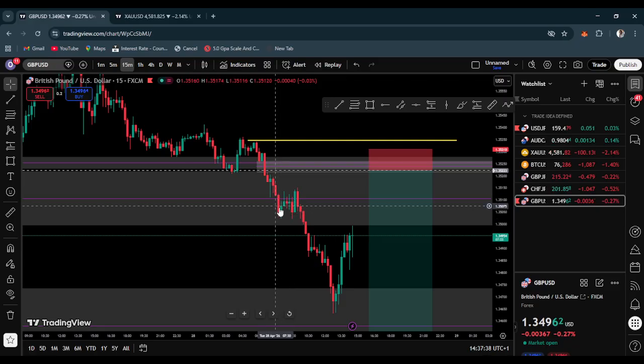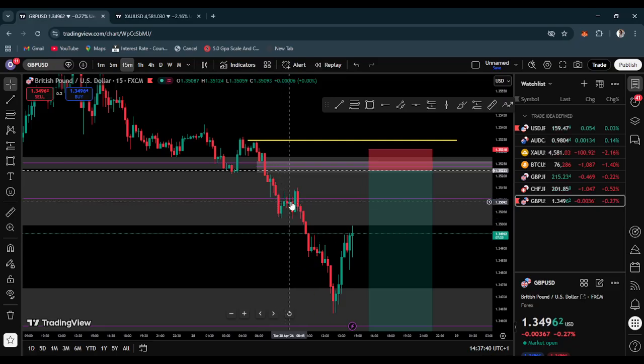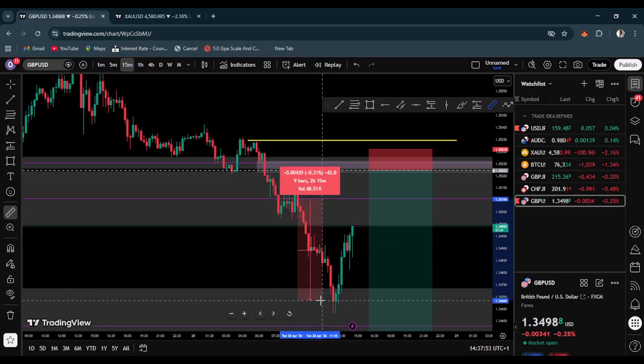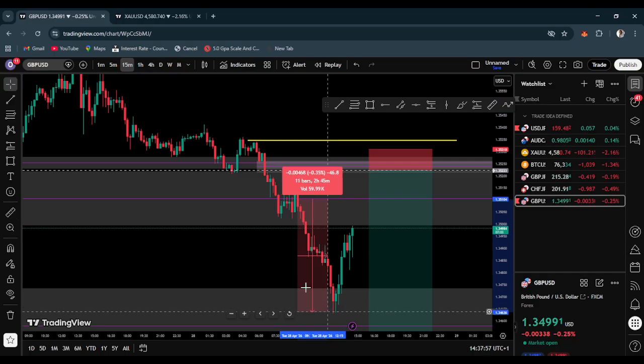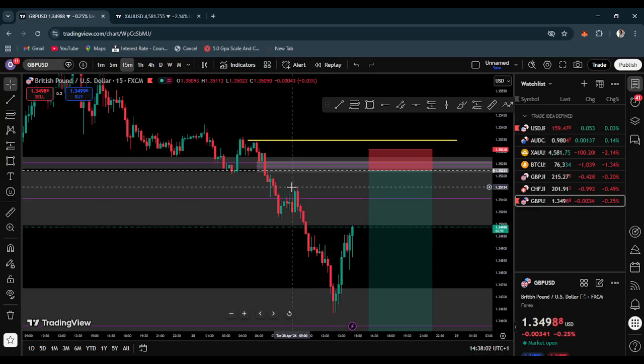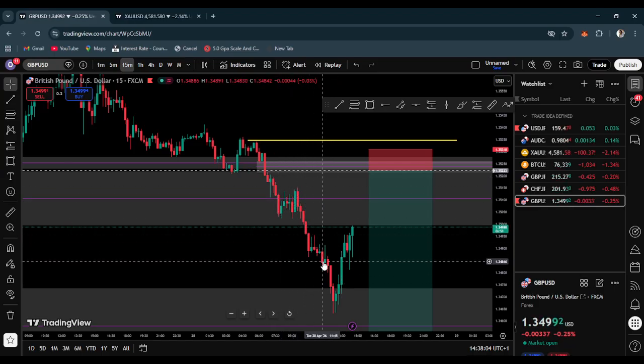When we close below this on that 15 minute time frame, I said one could place a trade here, and it went for about 46 pips or so. That could have been it for some people. That's all they need in a day.